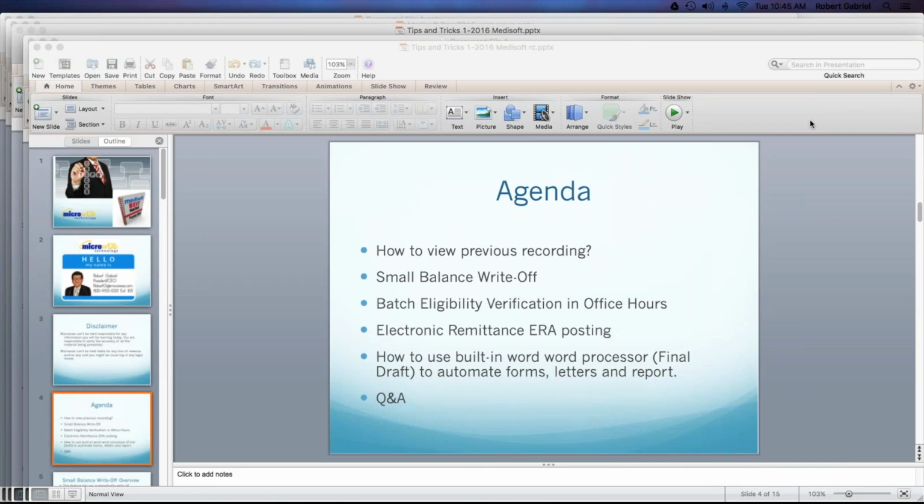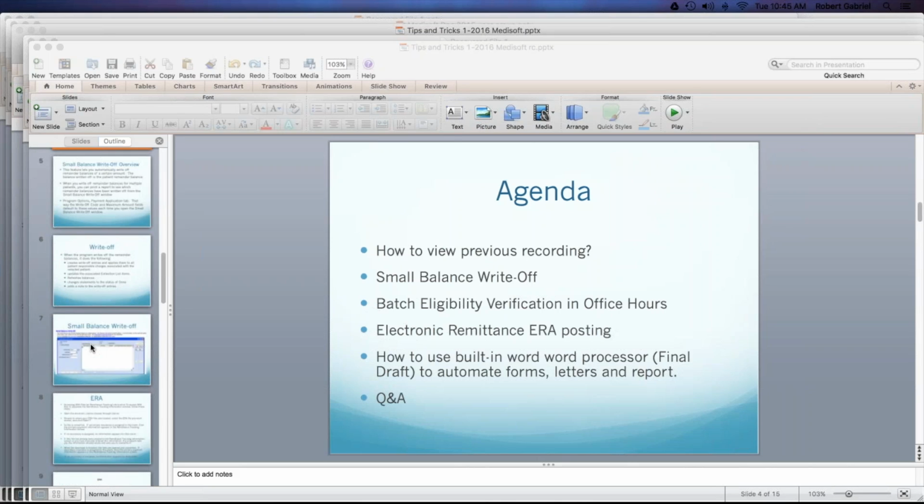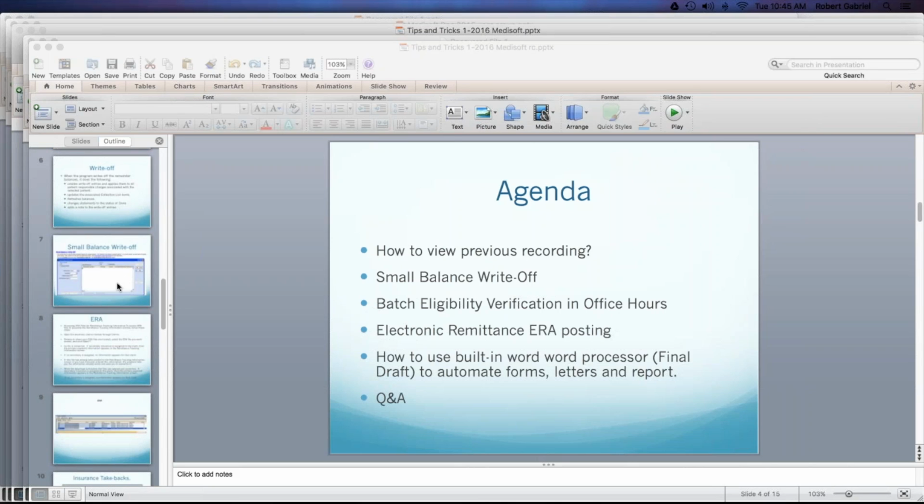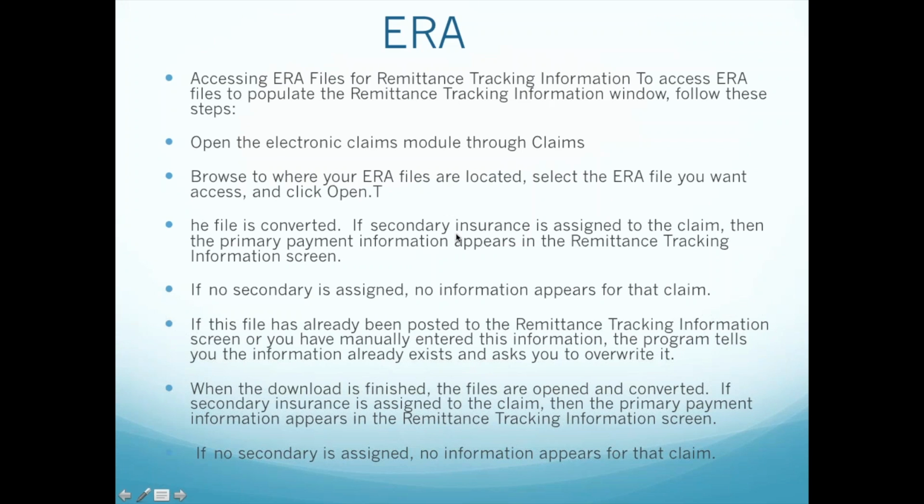So almost 50% of you are using electronic remittance. Let me share with you something somebody told me the other day. Electronic remittance is when the EOB comes in electronically and you get to apply it in the system. And we don't really force you or push you to do it.